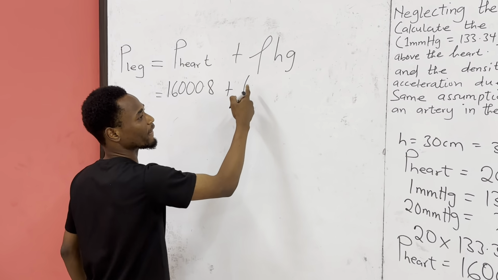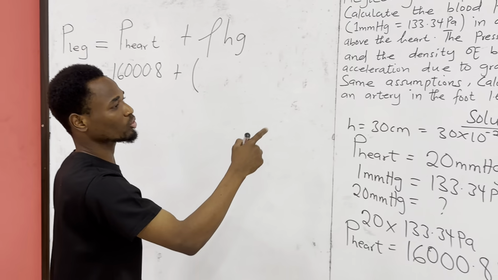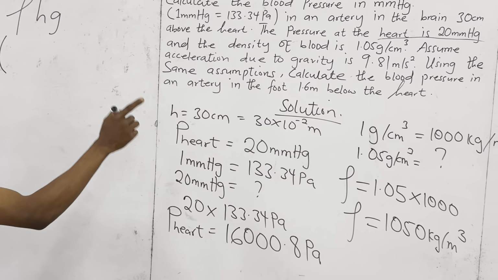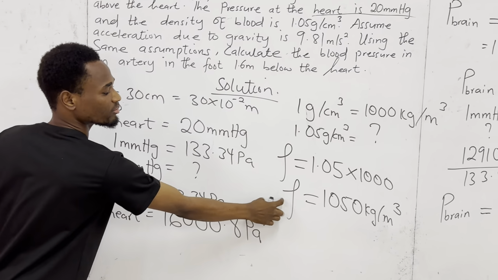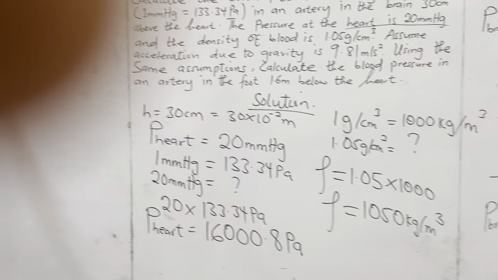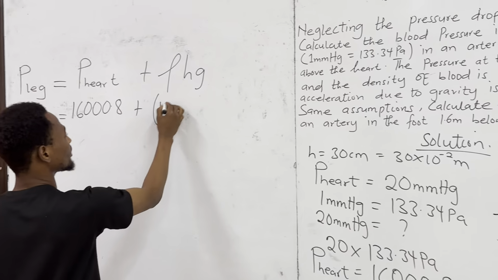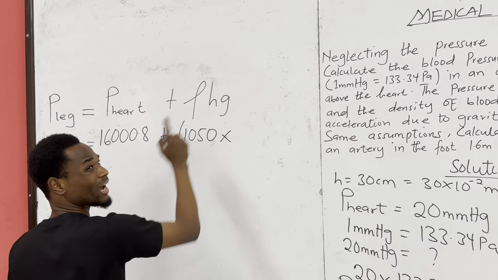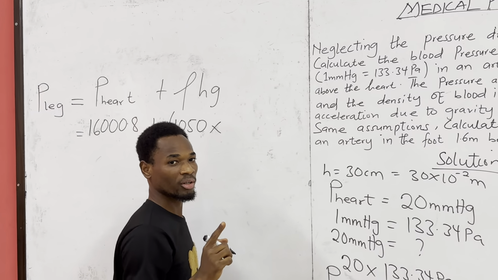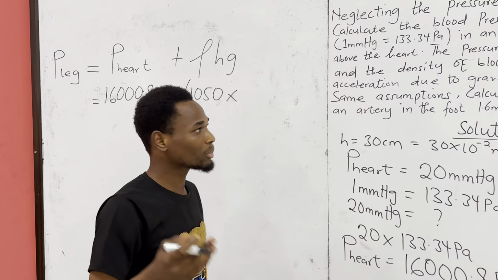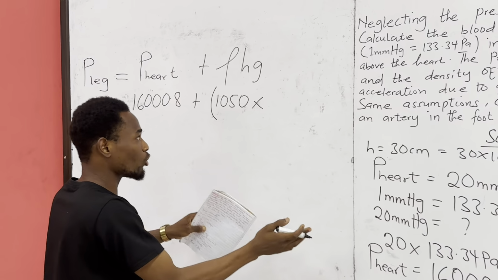What is my rho over here? Calculate the blood pressure in an artery in the foot, 1.6 meters. So I have the density here in its respective SI units: 1050, then times the height. I'll be very careful. Because the question said you are sticking to the same assumption doesn't mean everything here will be duplicated.